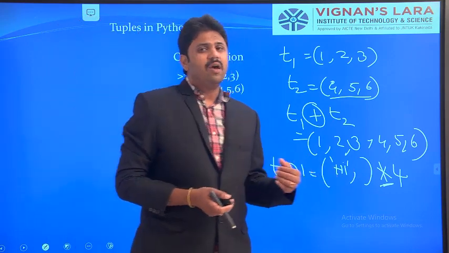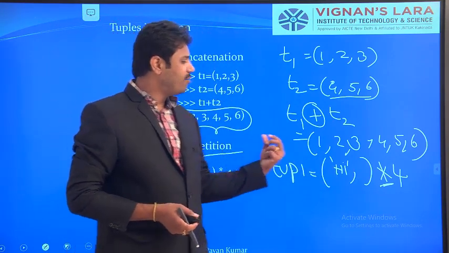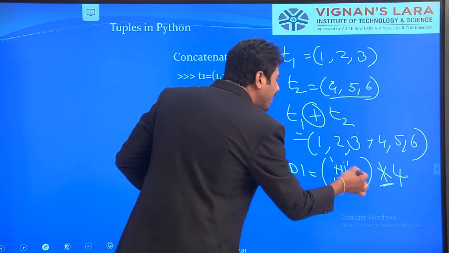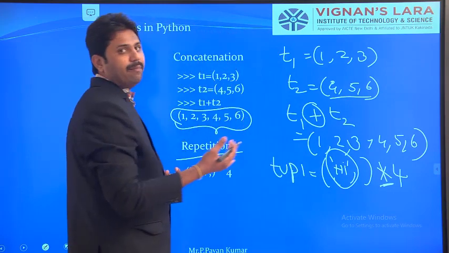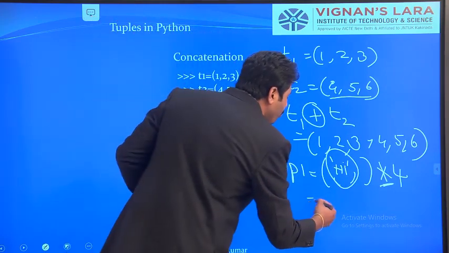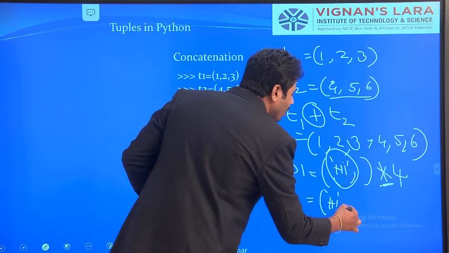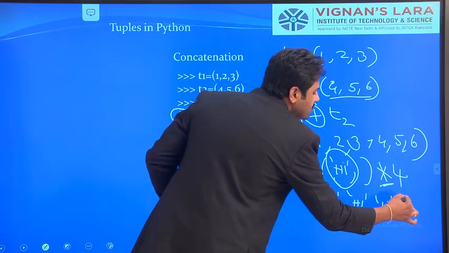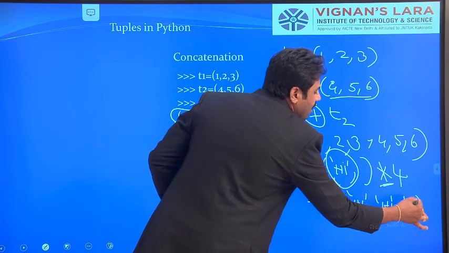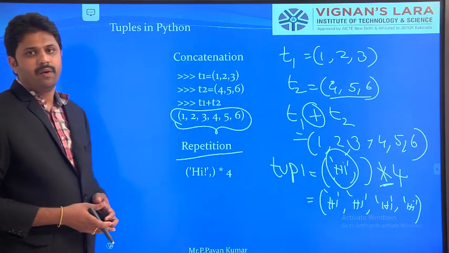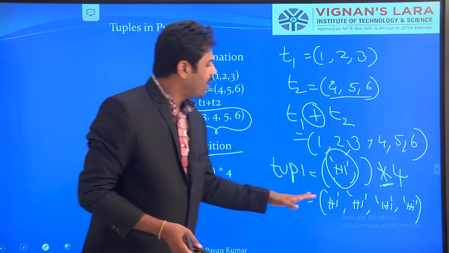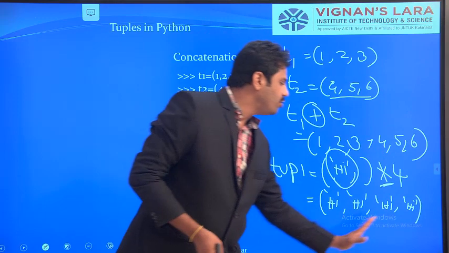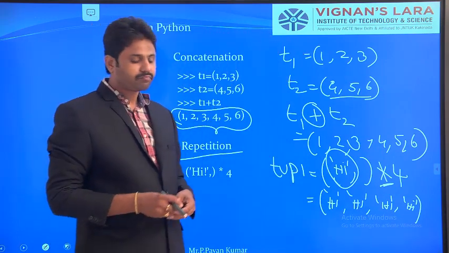That means here in tuples you can treat it as repetition. You are saying you have to repeat this item 4 times. That means your output is hi, hi, hi, hi. That means the item is going to be repeated 4 times. Clear? So here you just use star 4. If you want 5, you can. This value is going to be repeated 5 times.